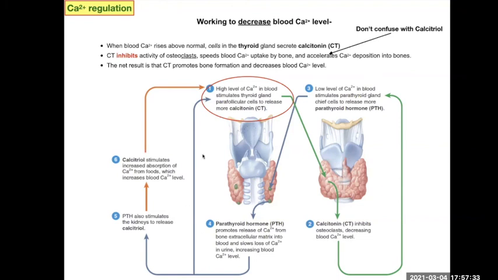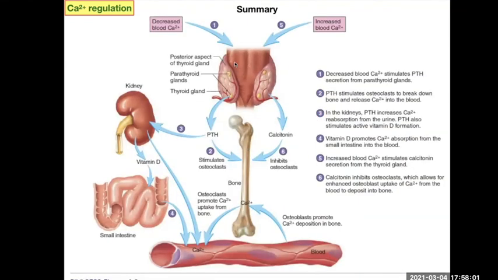So this gets into this whole feedback cycle with each other. Low calcium levels make parathyroid hormone, which also increases calcitriol. And then increased calcium levels trigger calcitonin. So that is your calcium regulation, and this is the summary.